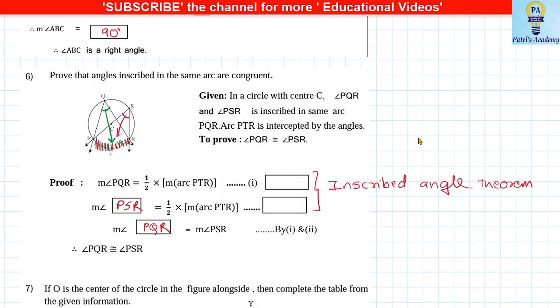Here I'm marking with red. The reason is what? Inscribed angle theorem. So if the arcs are equal, can I say that these two angles are equal? Yes, and that is what we have written here. So the property is angles inscribed in the same arc are congruent.